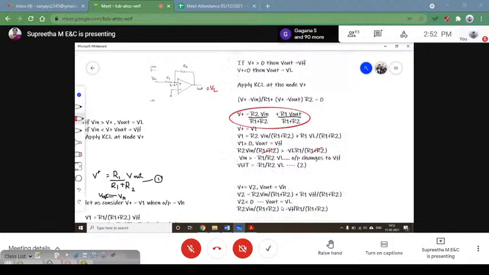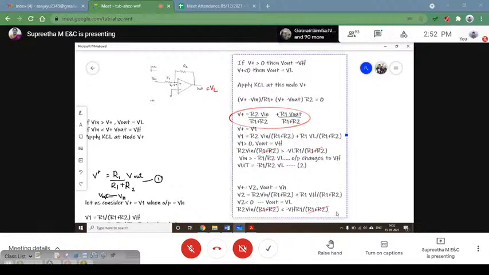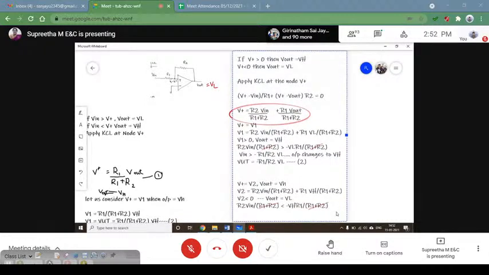And similarly, these two terms cancel out. So I get the expression for Vin lesser than minus R1 by R2 into VH.